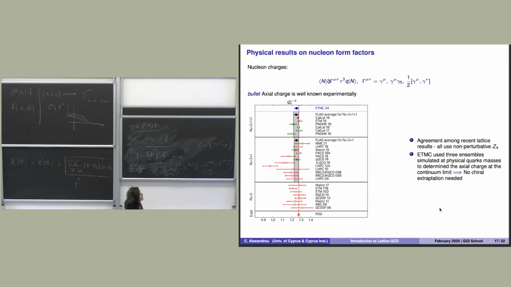If I take the axial current and compute at zero momentum transfer, I get the axial charge of the nucleon, gA, which is very well known from beta decay. So this is what I have to reproduce first to be sure that I know what I'm doing. And that's why a lot of collaborations worked on this.